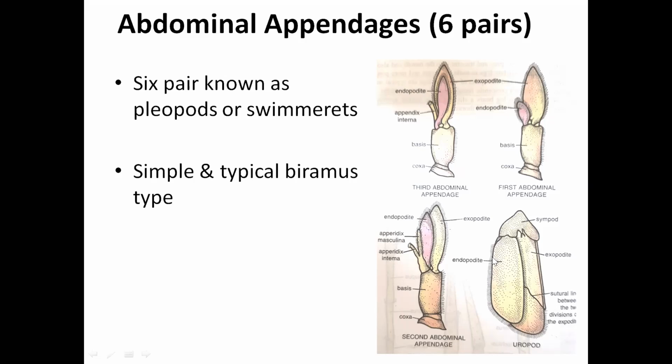Then here is the first abdominal appendage. What is the difference between the first and third? In the third, appendix interna is greatly developed. In the first, it is reduced or totally absent.